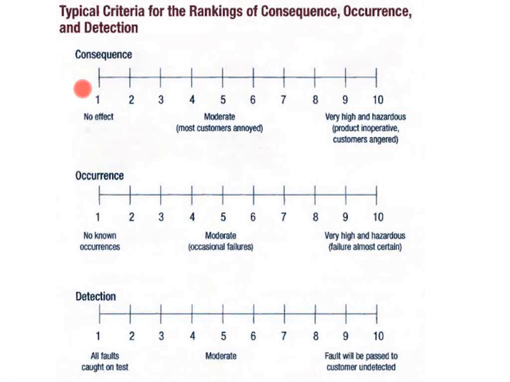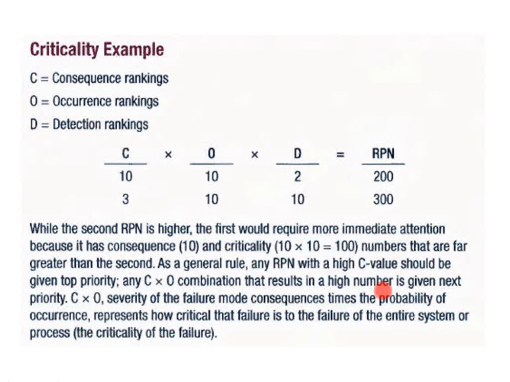So here's a typical ranking using a scale of 1 to 10. On consequence, 1 is no effect and 10 is very high and hazardous, your normal scale, 10 being a high risk or fault that we're not going to catch. The example in the textbook shows a criticality of 10 and occurrence of 10, but for detection, it's a high risk area, but we have really good processes so we're probably going to detect it.